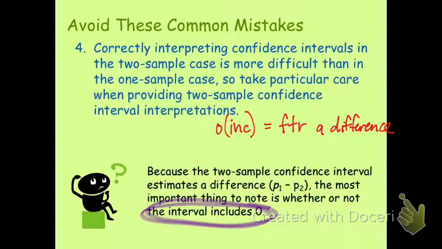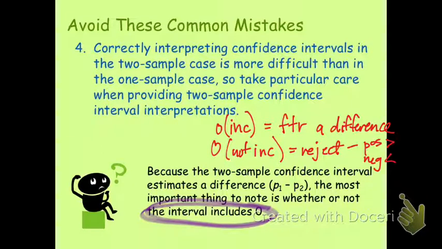If 0 is not included, then I reject, and I have proven that there's a difference. If I get a positive, then it's greater than. If I get a negative, then it's less than. That is the last one.